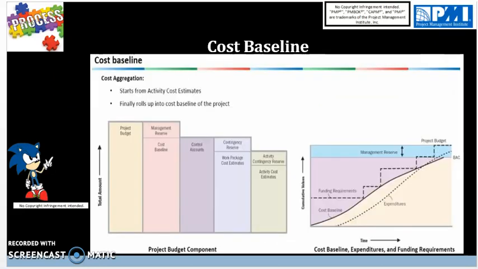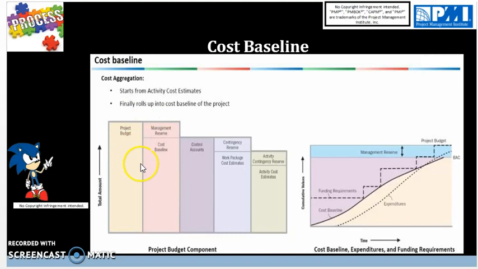Next, I just want to review what the cost baseline will look like. Here we can see that it basically consists of the aggregates of all of the work packages. Keep in mind that the budget is the cost baseline plus management reserves. So you can see right here the project budget consists of management reserve and cost baseline.